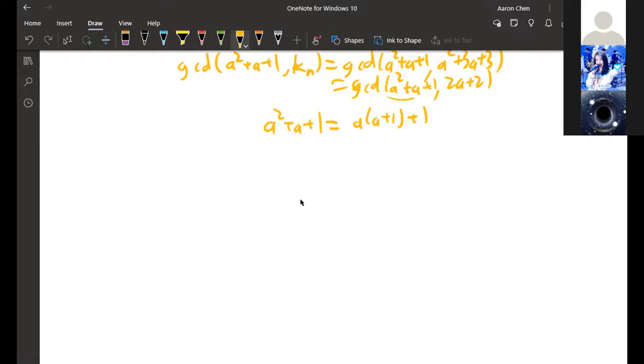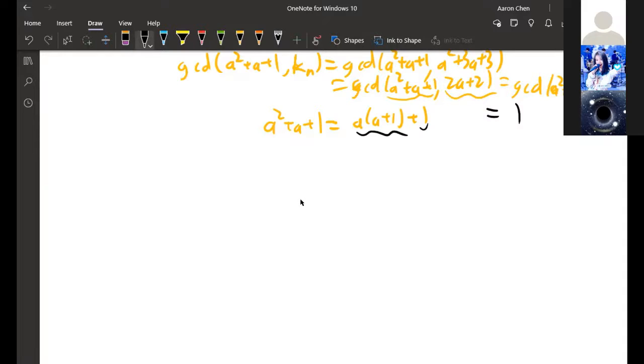And so that means that there are 0 factors of a plus 1 in the left-hand side, compared to the right-hand side, so this is effectively also equal to the GCD of a squared plus a plus 1 and 2. And after this, you can also see that a times a plus 1 is always even, and 1 plus an even number is always odd. And so that means that the GCD is equal to 1.